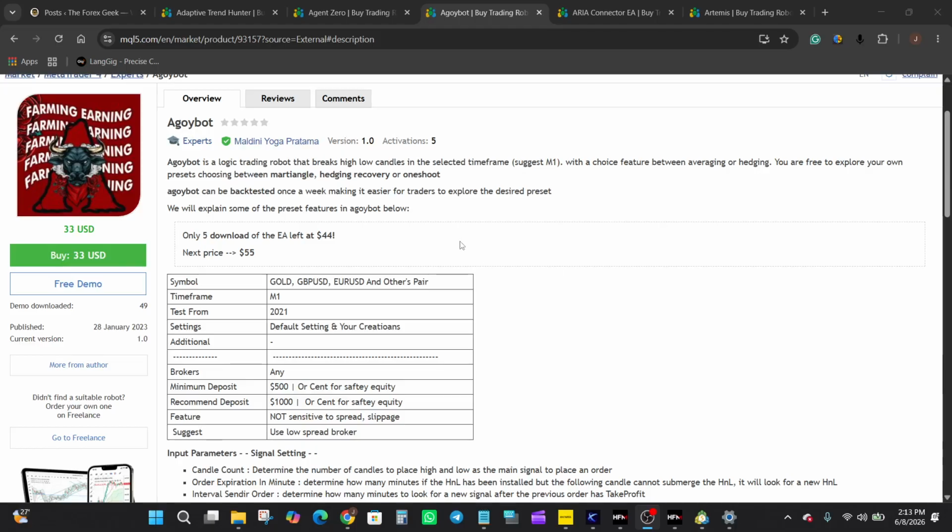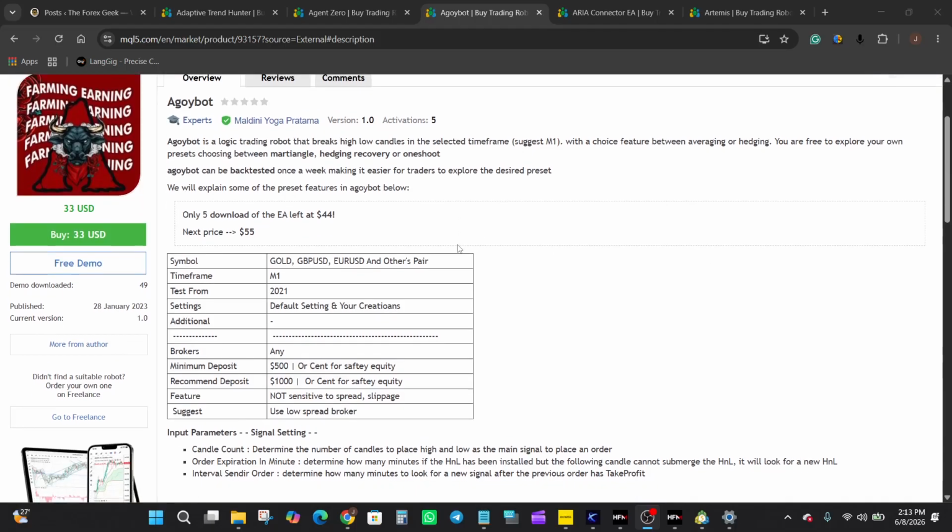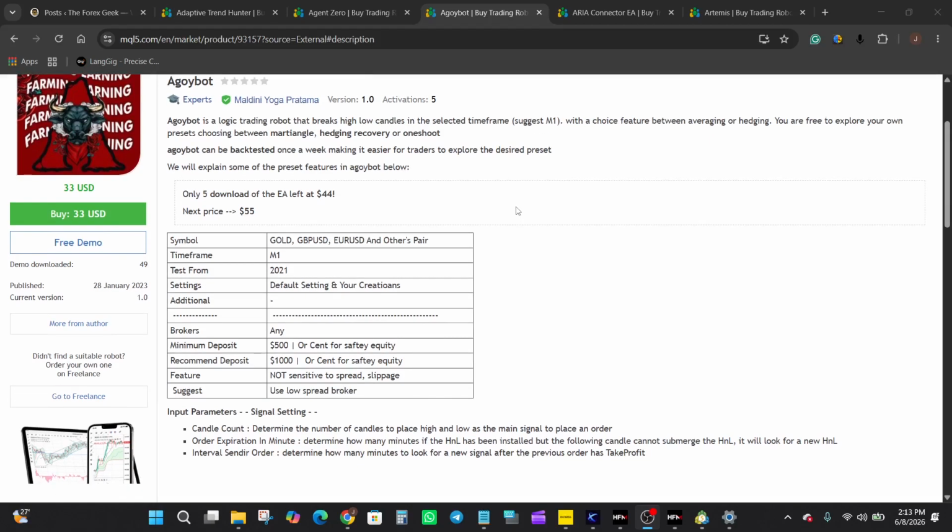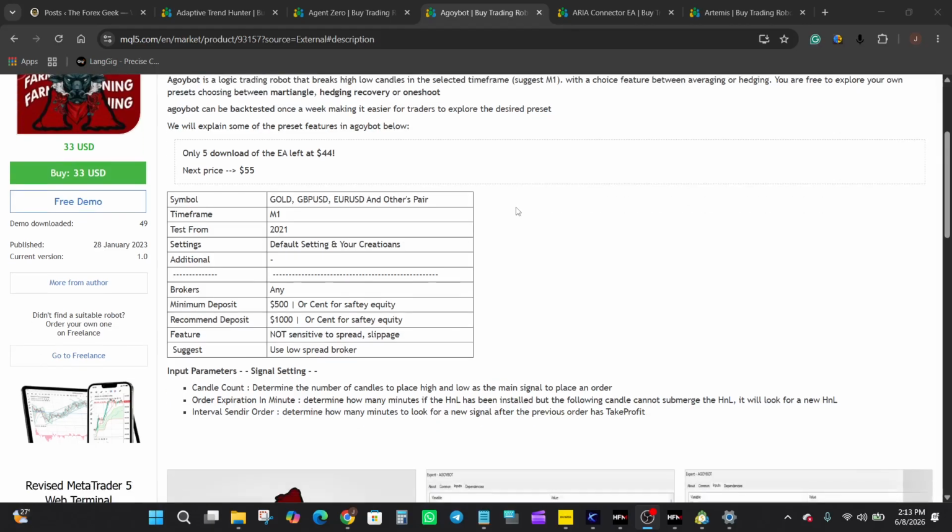Now, moving into the description, Agoybot is presented as a logic-based trading robot that works by breaking high and low candles on the selected time frame with a suggestion to use the M1 chart. Okay, so right away, the focus here is clearly on lower time frame activity. The developer also mentions that the EA includes selectable strategies, meaning you can choose between different approaches like averaging or hedging.